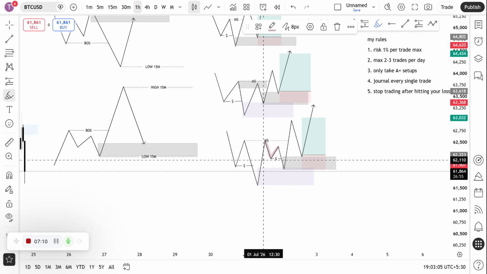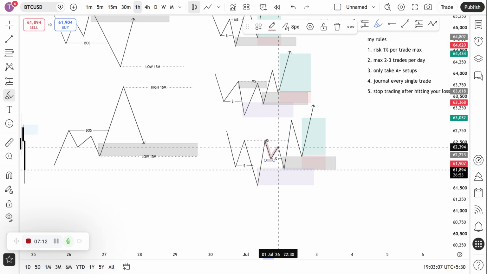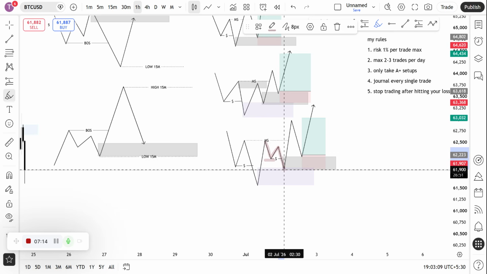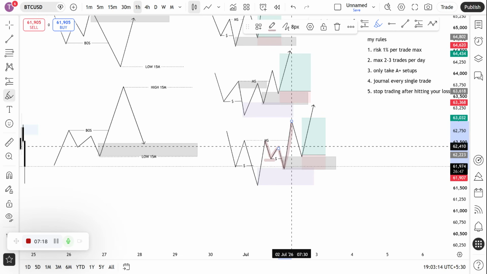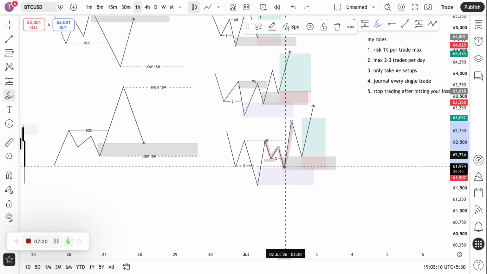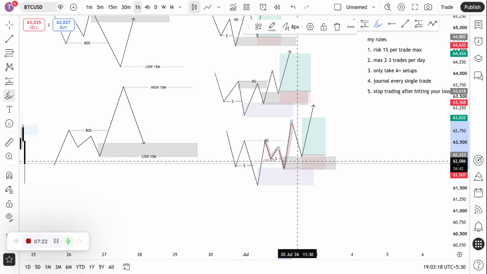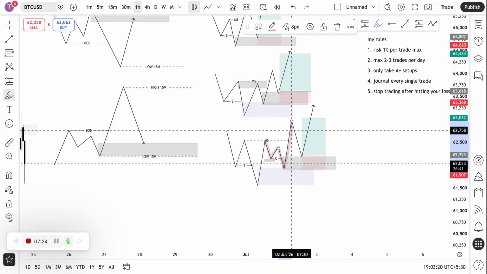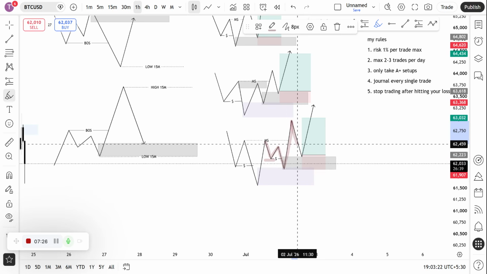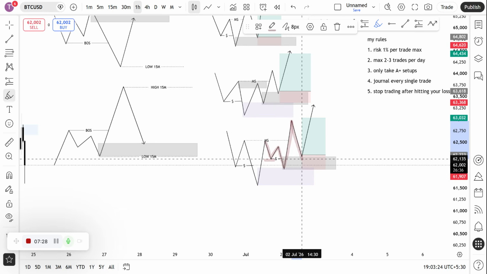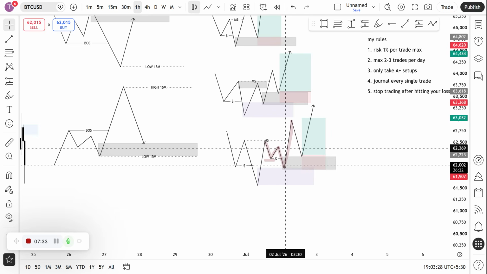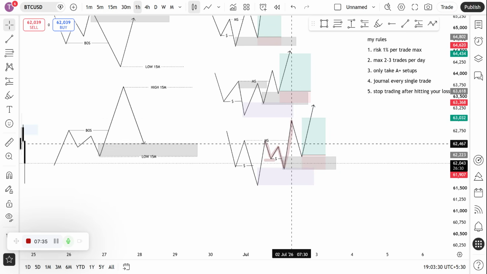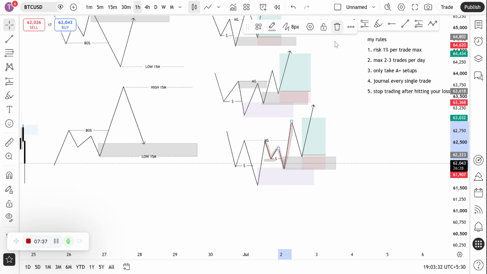But here there was enough liquidity, and the market swept the liquidity and then created a market shift. So what do I call this one? I call this one a flip plus sweep zone. So I'm waiting for the market to come back to my flip plus sweep zone, and then I enter the market. Simple like that. So these are the three confirmations that I'm looking for when the market reaches my zone.